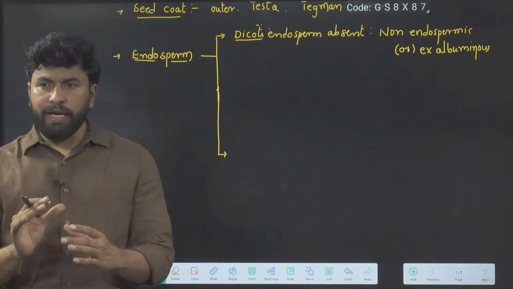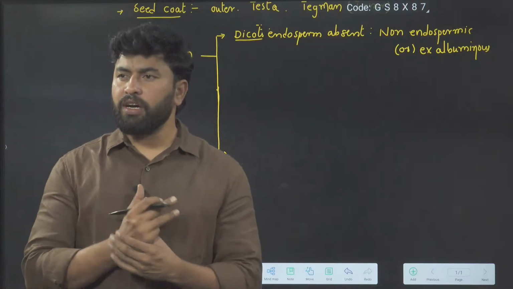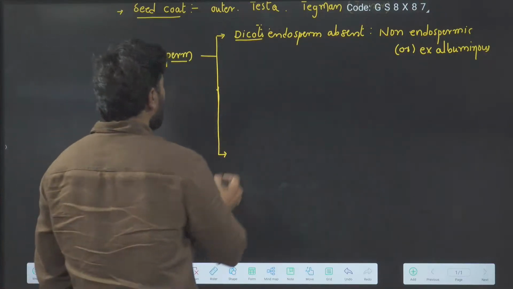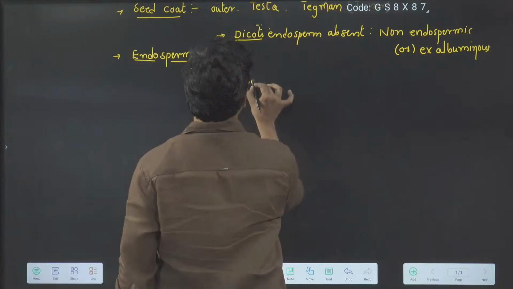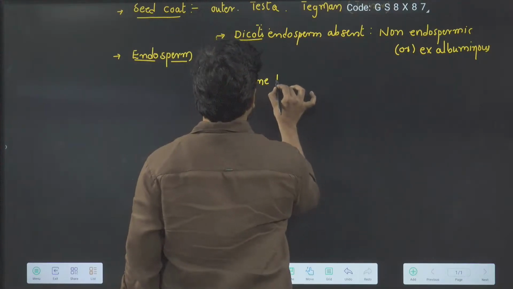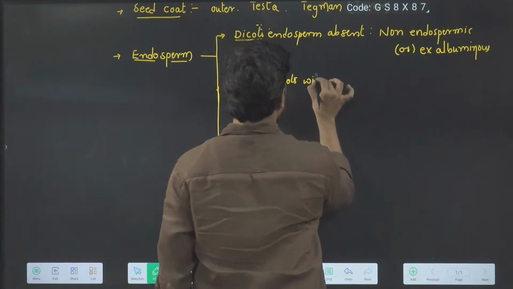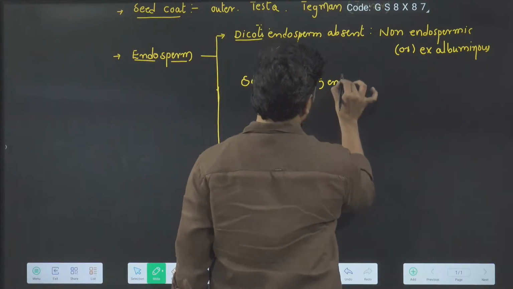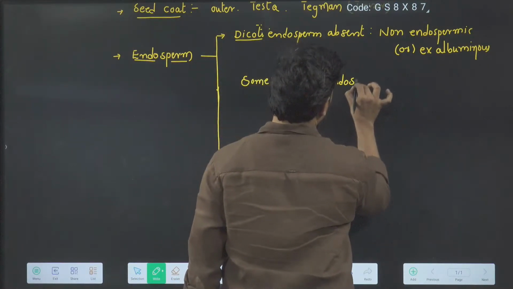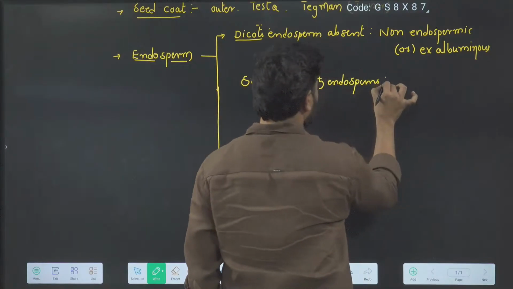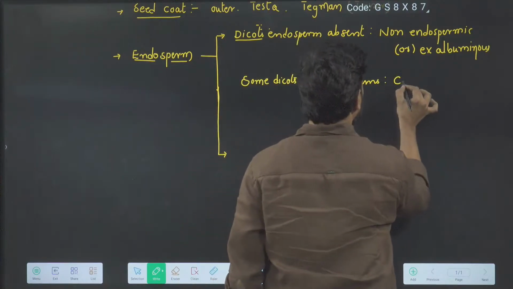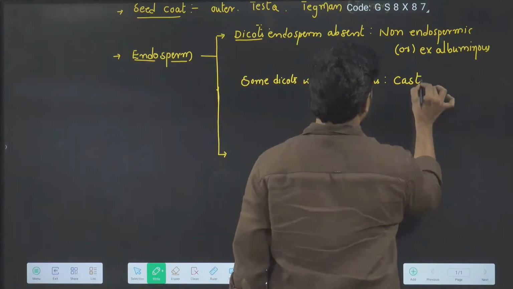If you go through exceptions related to dicots, some dicots with endosperm. In that case, one example given in our NCERT book is castor.